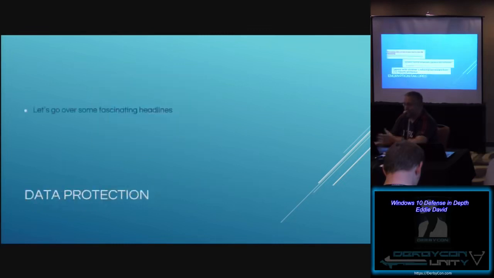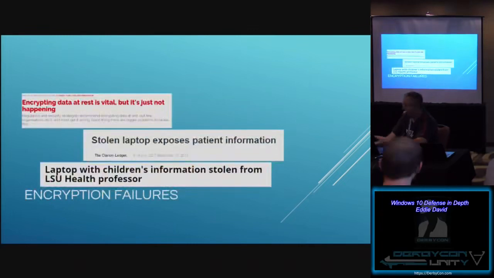So I'm going to go over some fascinating headlines real quick about encrypting data, because encrypting data absolutely angers me whenever I see some of these basic things that organizations can do to stop some of this from happening.